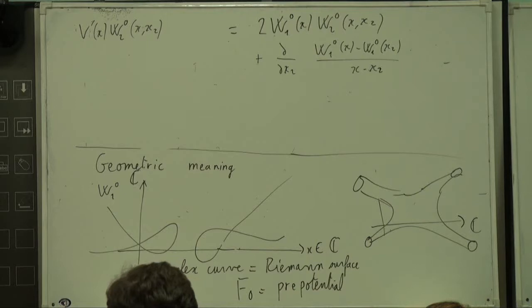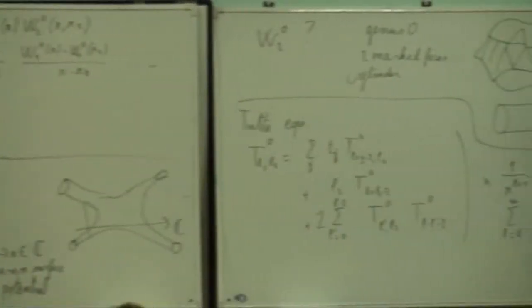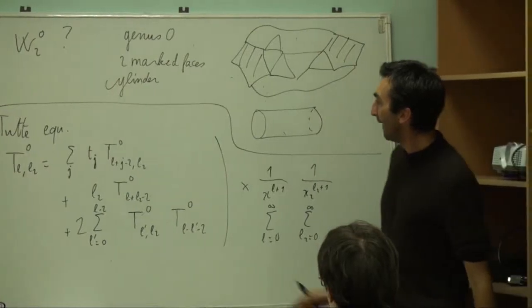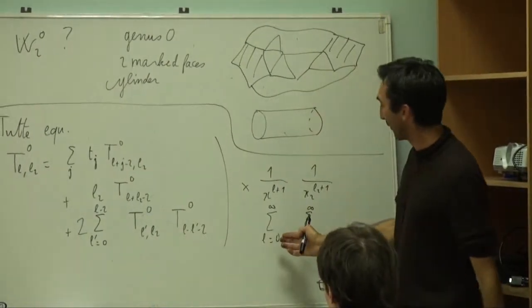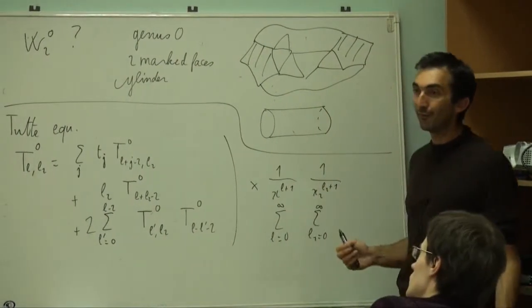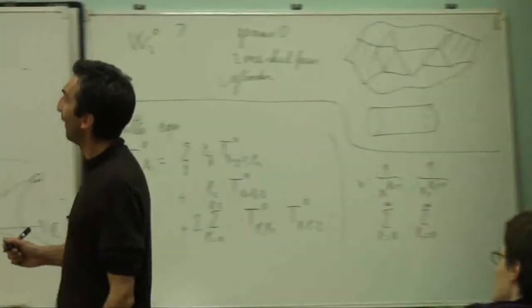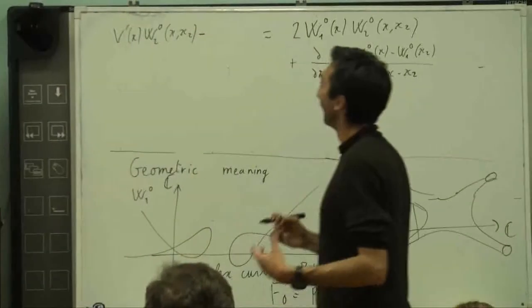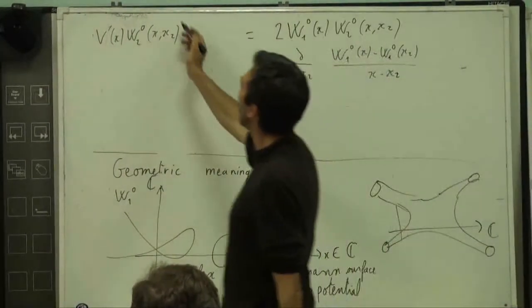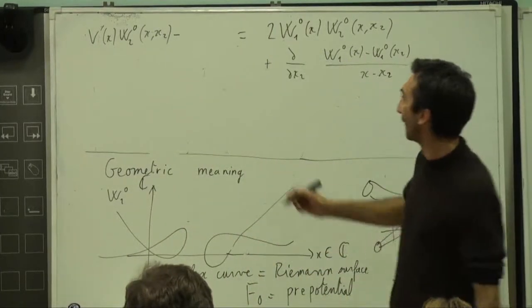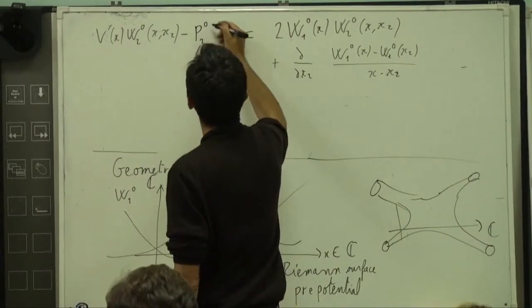If you really want this to produce a W20, you should start the sum at 2 minus j. So when you sum from 0 to infinity, L plus j minus 2 is summed from j minus 2 to infinity, so you miss some terms. So you have to complete the sum. You don't really get all this, you get this minus a certain number of terms, and let me call them P20(x, x2).